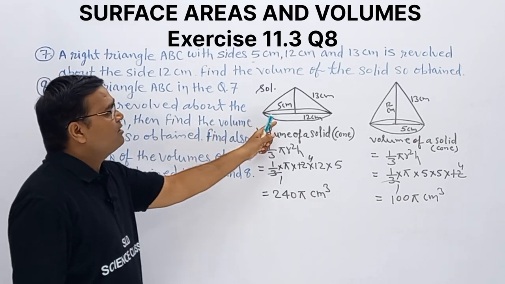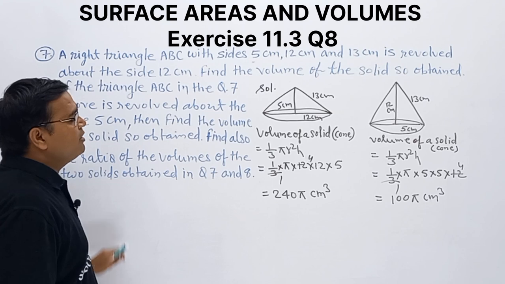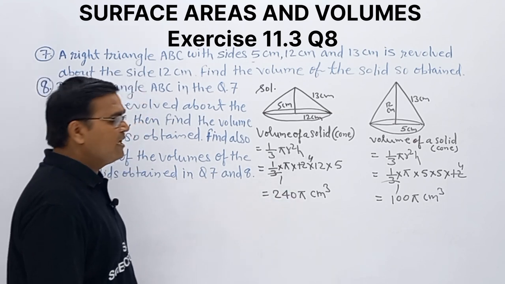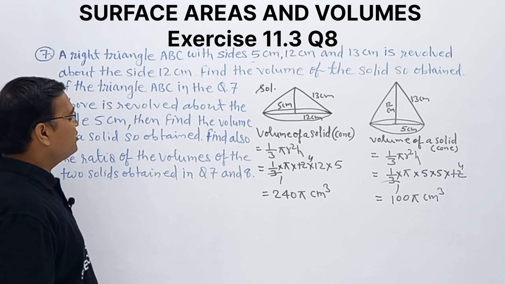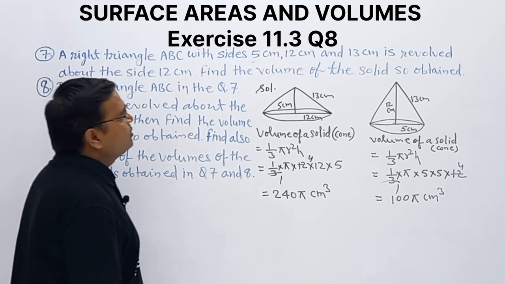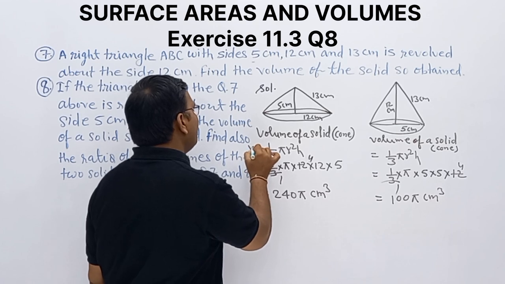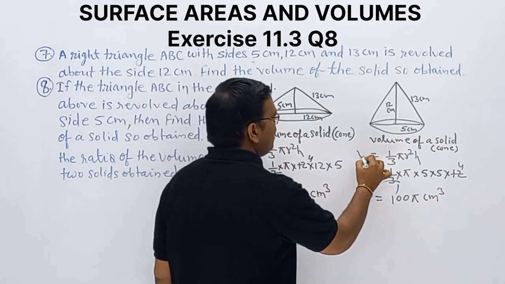In question number 8, the volume of the solid obtained is 240 pi centimeter cube. So the ratio: we assume the volume of one solid is V1 and the other is V2.